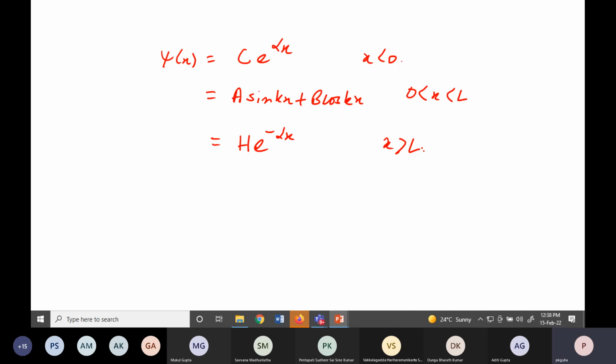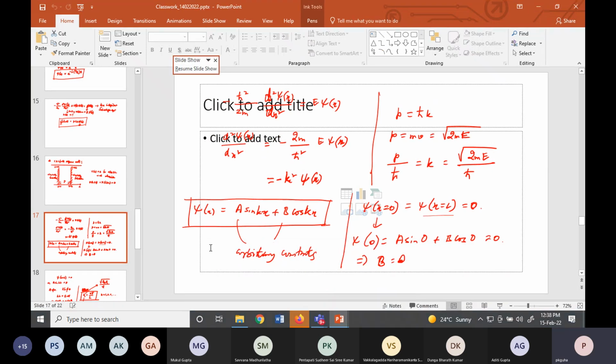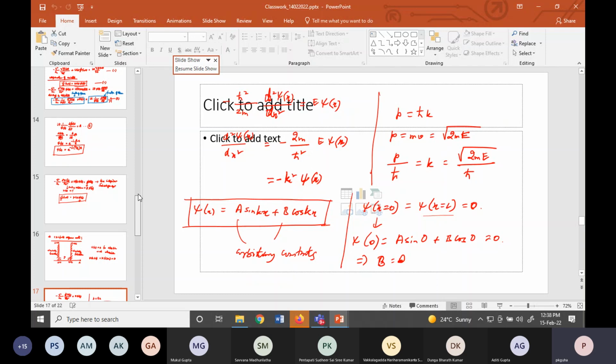Now we can use the boundary conditions. What are the boundary conditions at x equal to 0 and x equal to L? You remember when we discussed psi, we wrote some conditions.